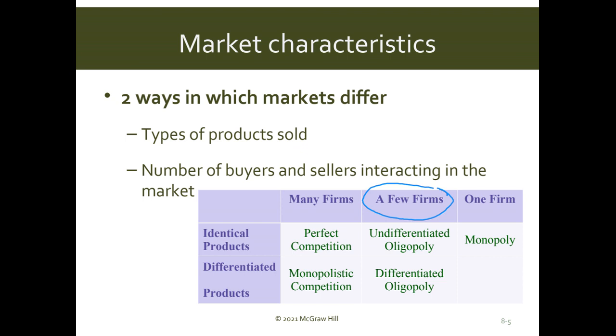A few firms means 4 or 5 firms actually control the market because they have a higher market share. The size is larger compared to other small firms. When I say many firms, I mean we have a large number of firms and each firm has a very small share. So they don't have any monopoly power.